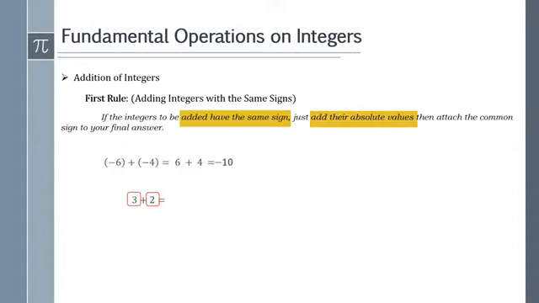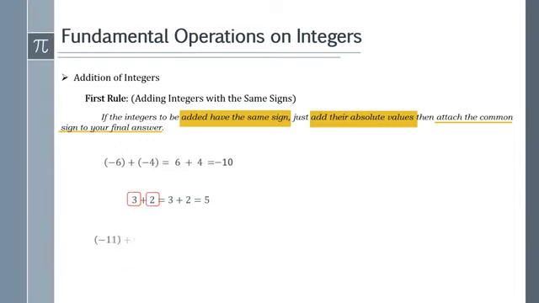The absolute value of positive 2 is 2. Then you add. And there is one more thing: attach the common sign to your final answer. So, 3 plus 2 is equal to 5, and their common sign is positive.